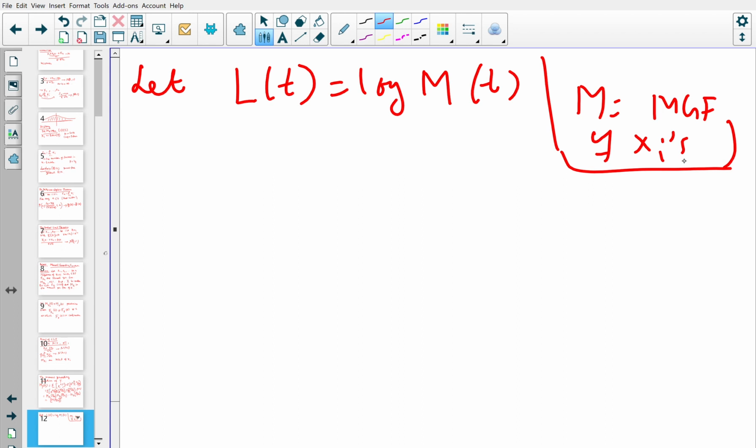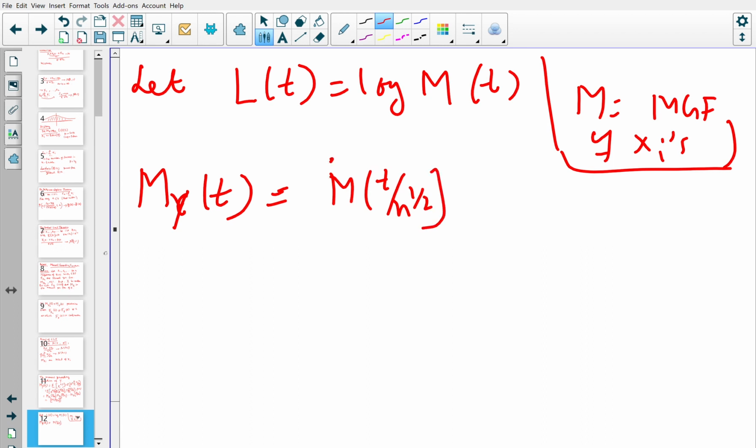We proved that the mgf of y at t is m of t over n power half, to the power n, right?